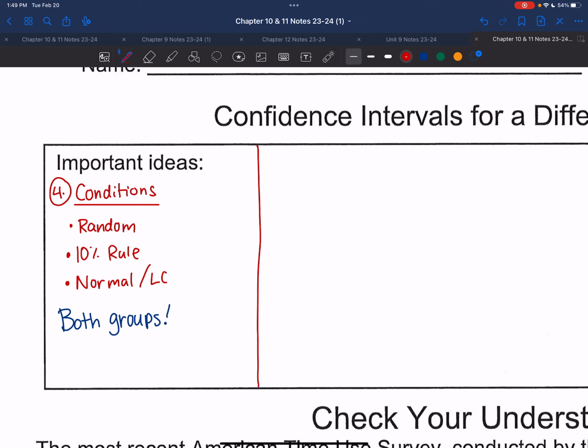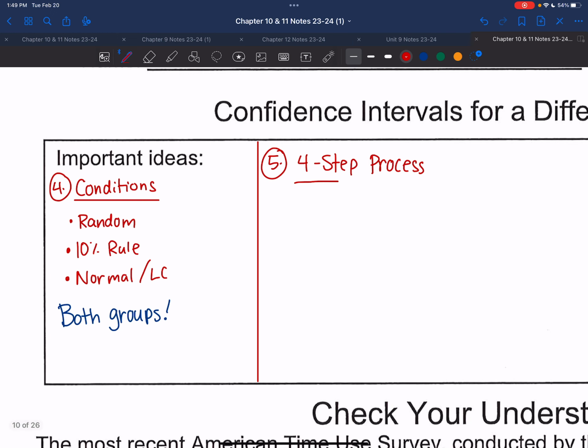All right, and then number 5, four-step process. So this is still the same 4-step as before.